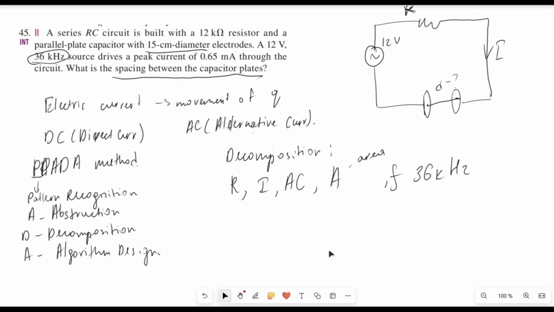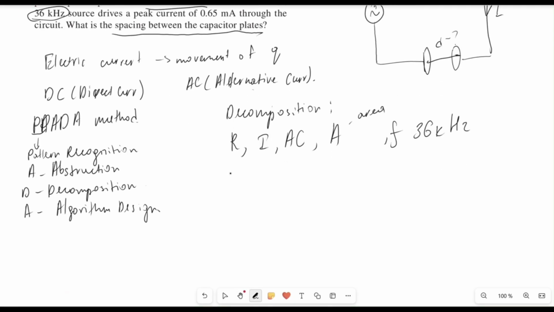Let's move to the next part of our method, that is abstraction. Abstraction means just using simple formulas. There is voltage here. As I mentioned, there is another formula of voltage and current, and because it changes over time, it will be voltage zero cosine omega t.